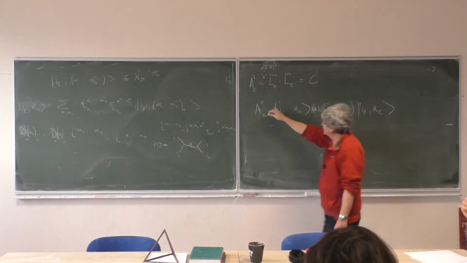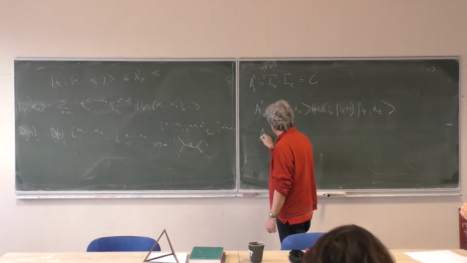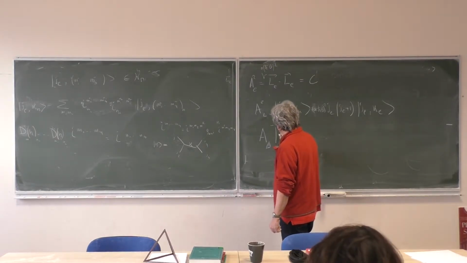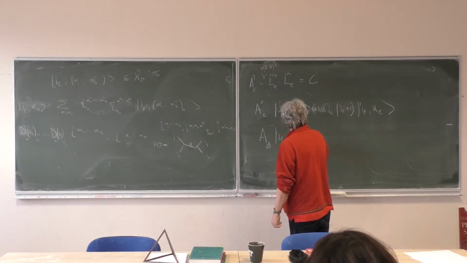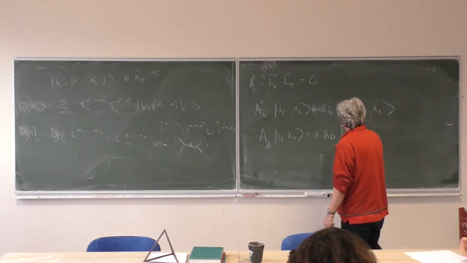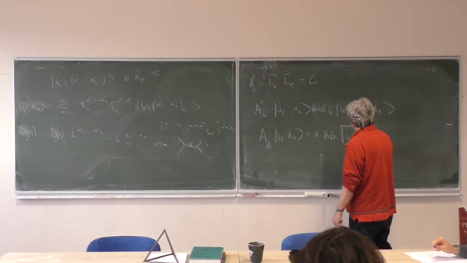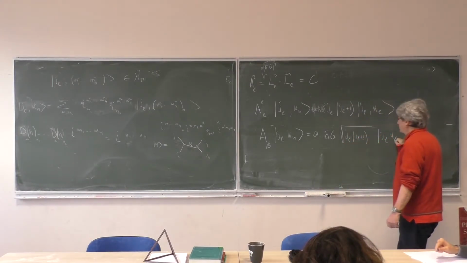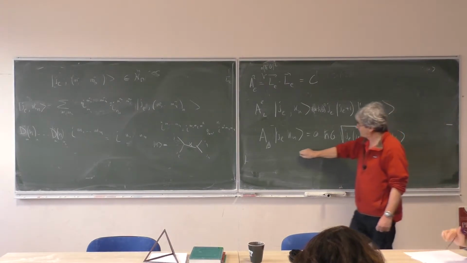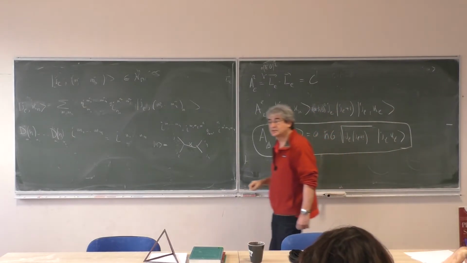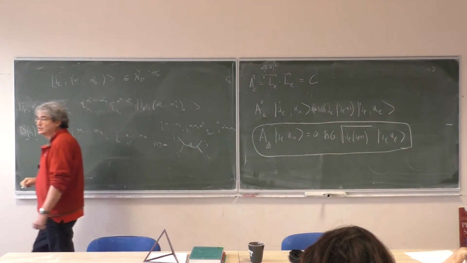So the area itself, which is the square root of that, let me think about the triangle here. J L K N is some number, h bar g, square root of J L (J L plus 1), J L K L. So I've solved the eigenvalue equation for the area operator.